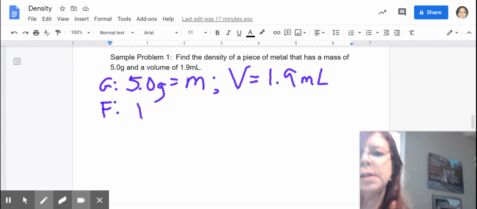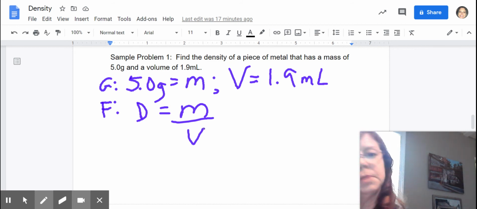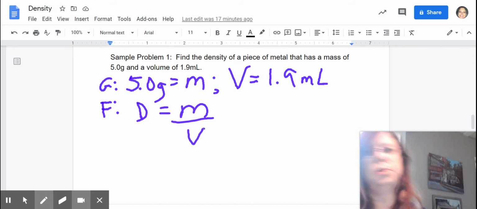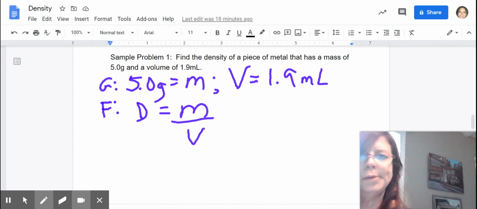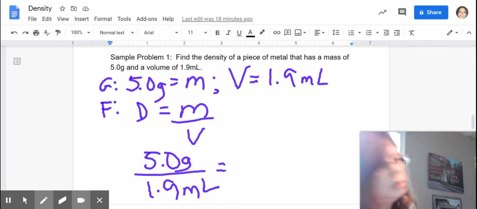We're finding the density. Okay, the equation for density is mass over volume, the amount of matter per unit volume. So in this case, we can just plug it in because we're not asked for density in kilograms per meter cubed. So then you don't have to worry about converting anything unless they ask for a different unit. So let's go in, show our work, and we put that into the calculator.